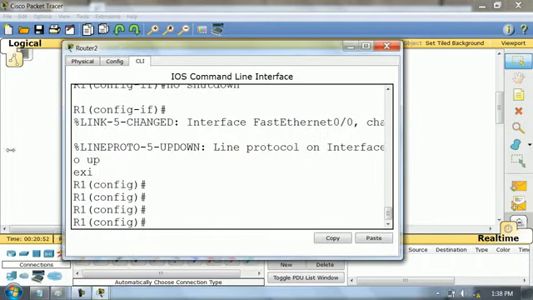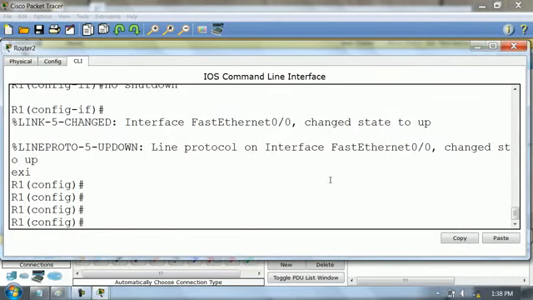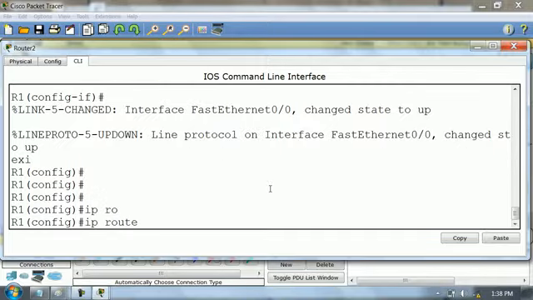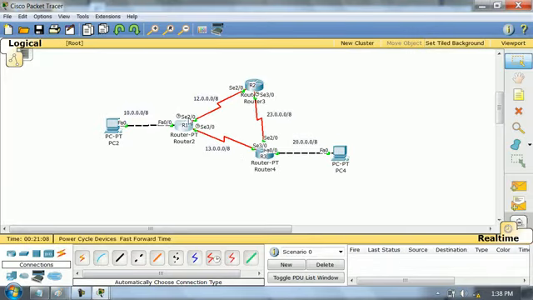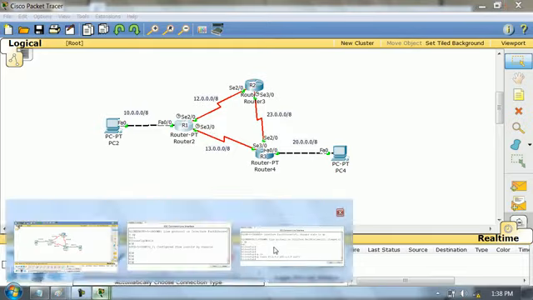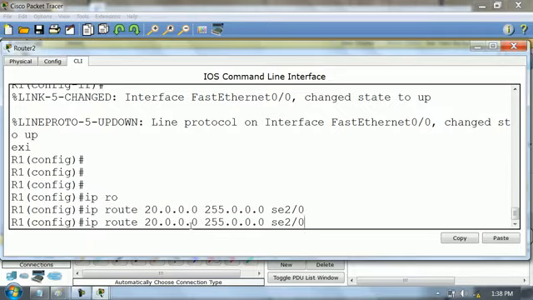IP route, which network? The exit interface will be serial 2/0. Agree? Any issues? You can see here the interface number is serial 2/0 and the other interface is serial 3/0. Next will be 3/0.